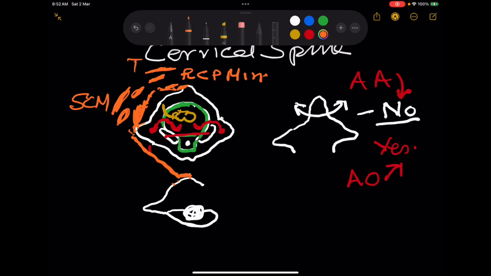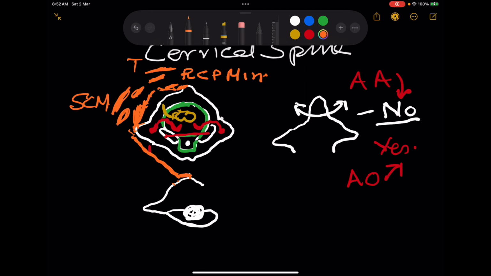The three layers of muscles: trapezius, sternocleidomastoid, semispinalis, splenius, and longissimus capitis, and then the suboccipital triangle formed by the rectus capitis posterior minor and major, and superior oblique and inferior oblique.